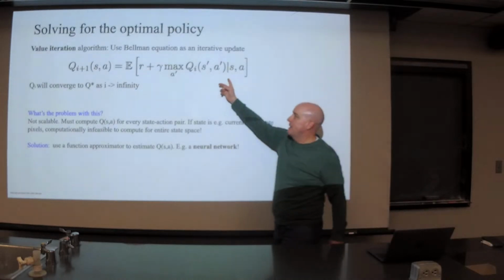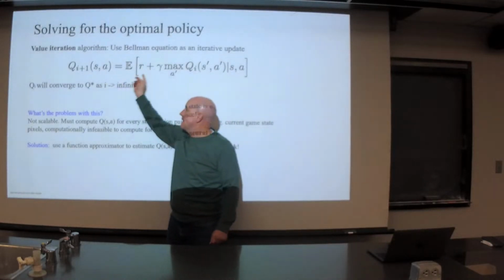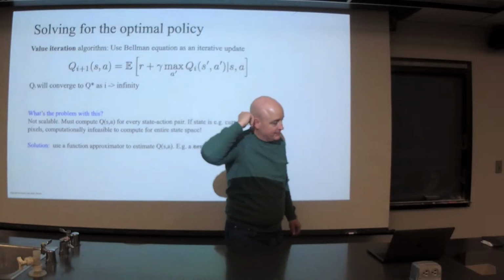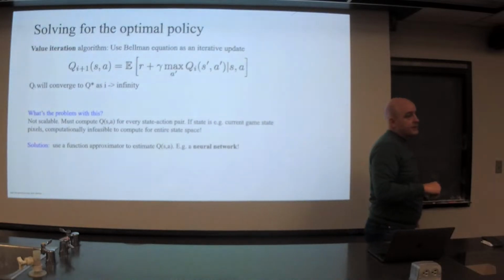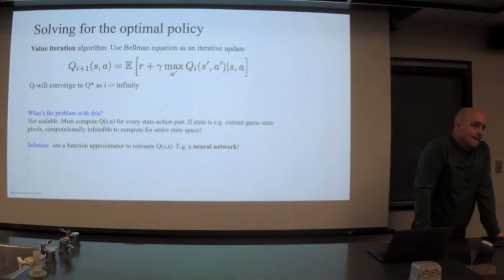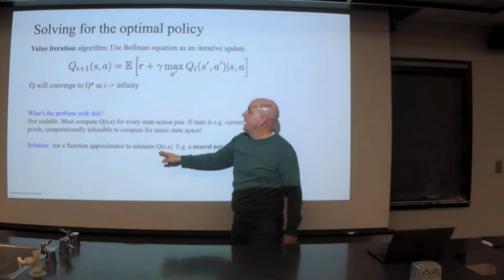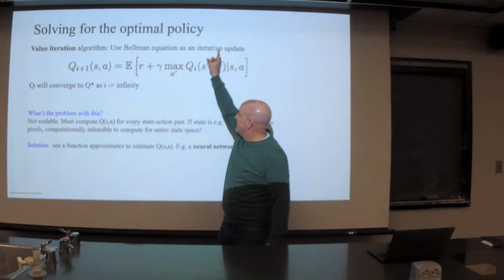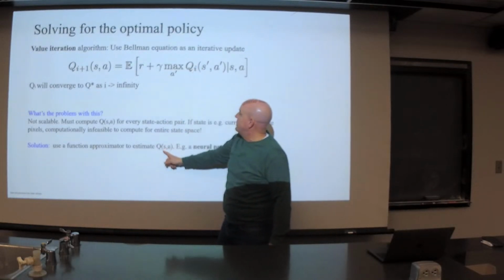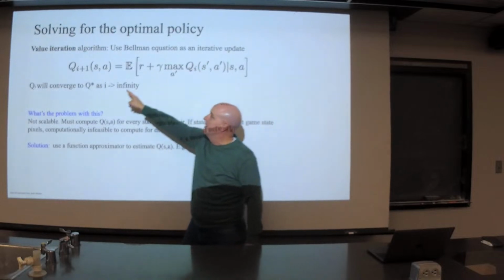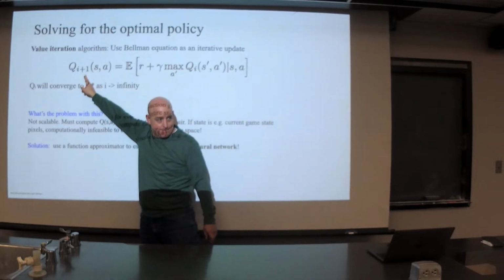How can we use this right here to learn Q? Remember what we want. We want Q to be optimal, and when Q is optimal, it'll be Q star, and there should be a Q star here and a Q star here, right?